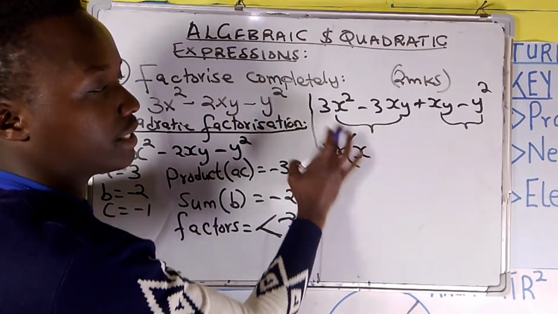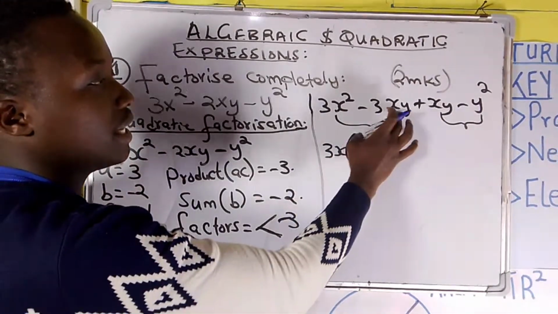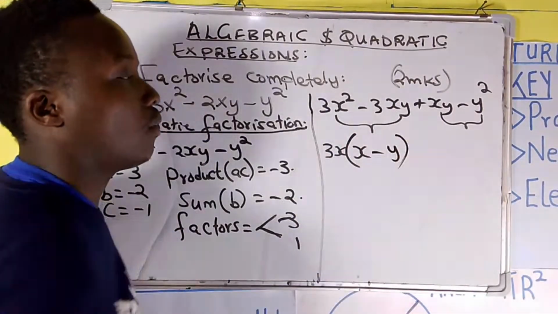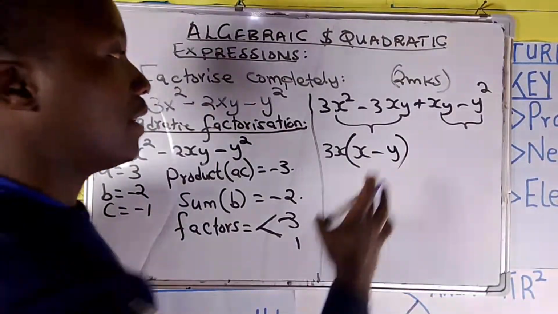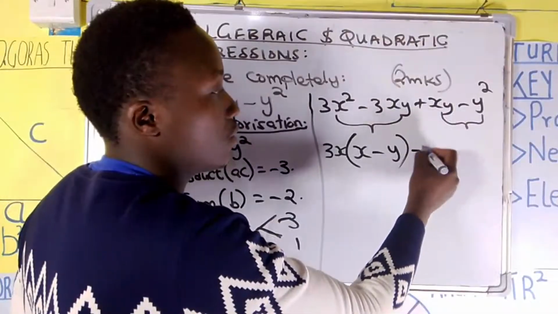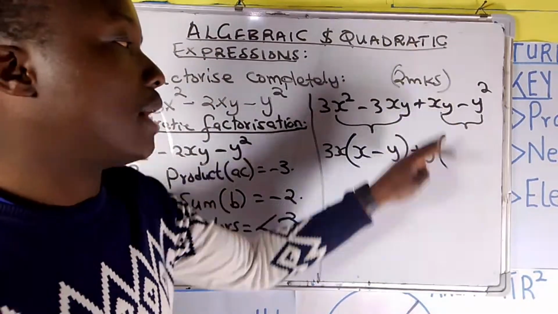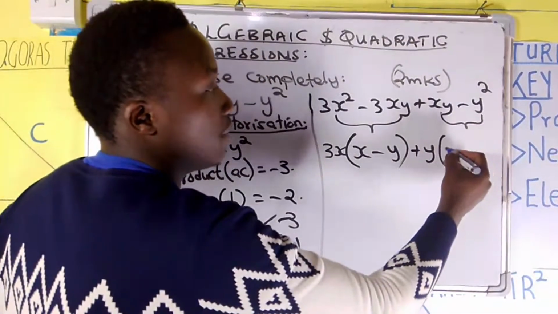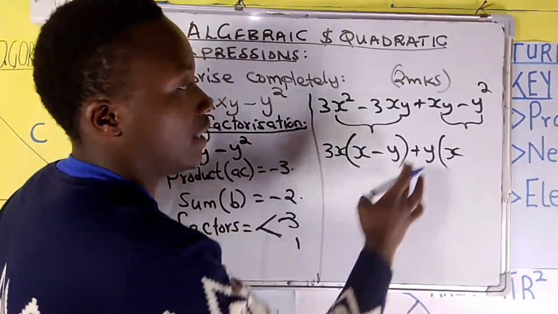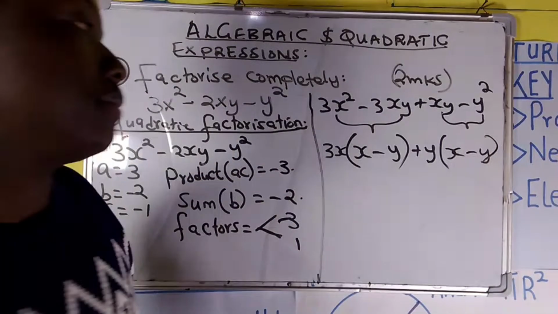So 3x times x is 3x squared. And for us to multiply 3x to get 3xy, we will multiply it with y. Then the greatest common divisor between xy and y squared is y. So it will be plus y. Then if we open this bracket here, we have x there. Then it will be minus y. Why minus y?